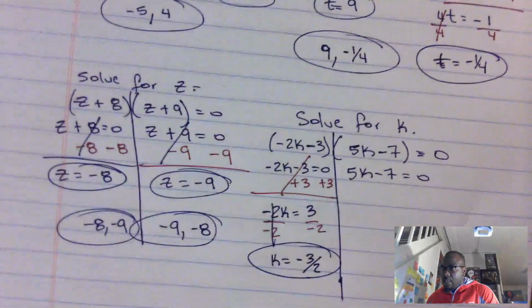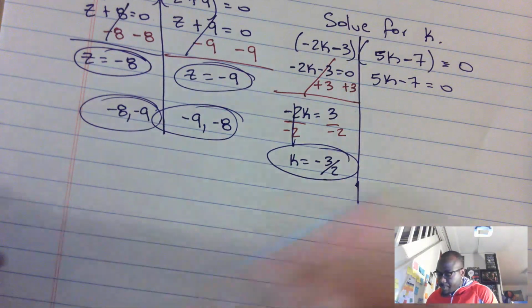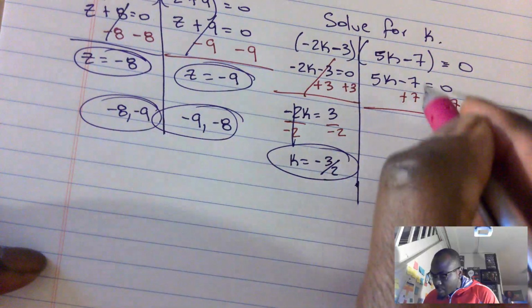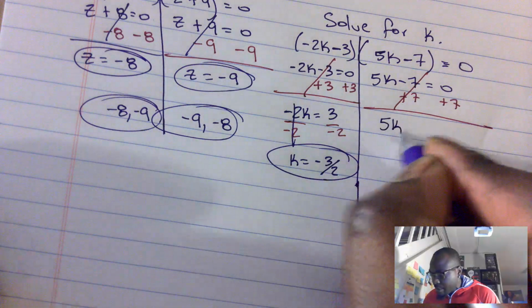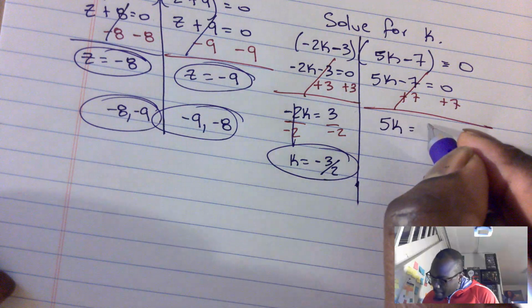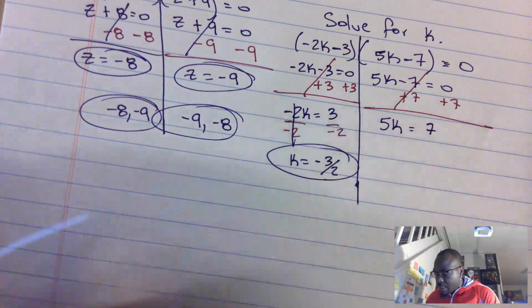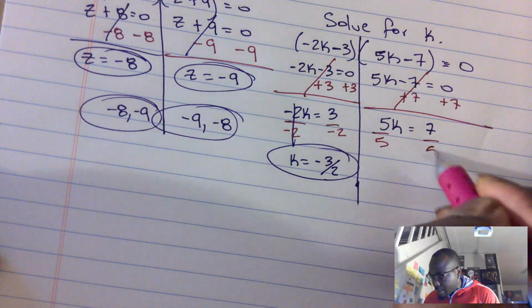And I'm going to go ahead and solve the other side as well. I'm going to add 7 on both sides. Those cancel, so I have 5k is equal to 7. Now I need to divide both sides by 5 because I'm trying to get to k.